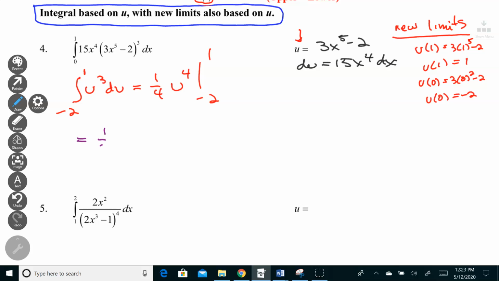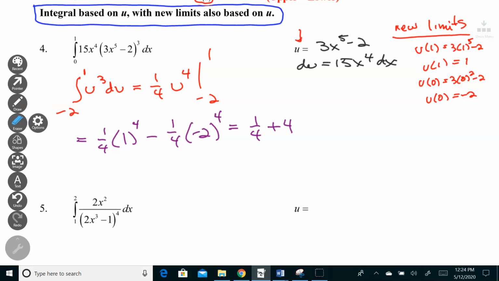It's going to be 1/4 times 1 to the 4th, minus 1/4 times negative 2 to the 4th, which gives 1/4 minus 4, which turns into negative 15 over 4.